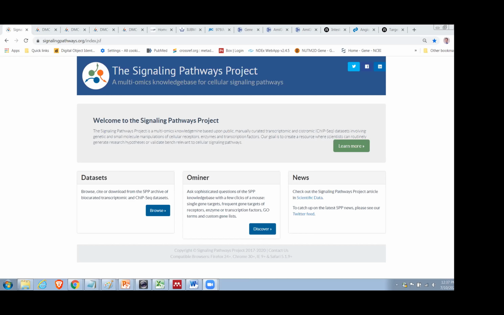So all the work that has been done offline that allows us to basically present the experimental information on the SPP website.